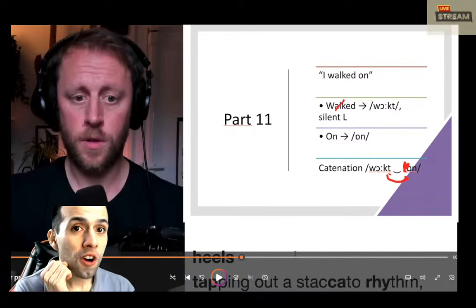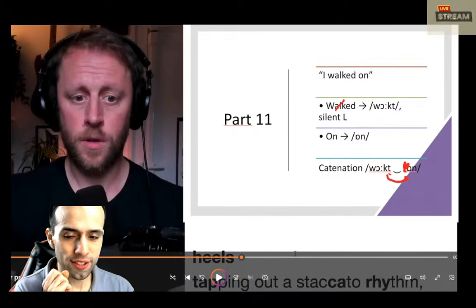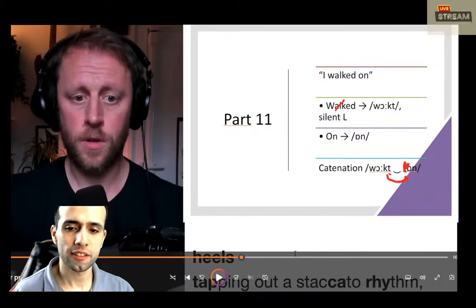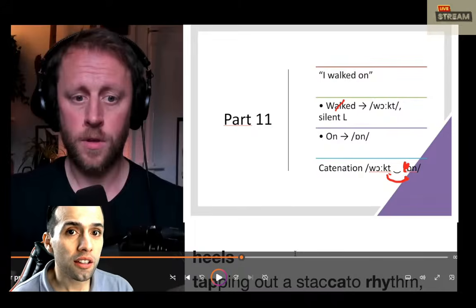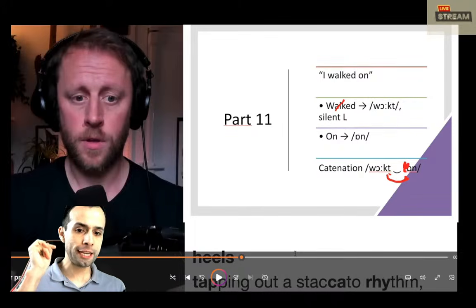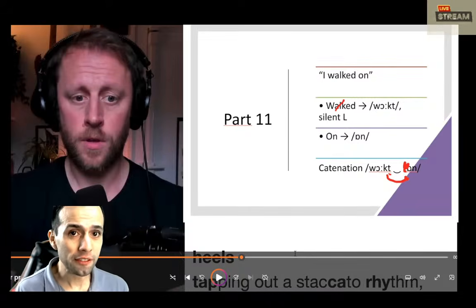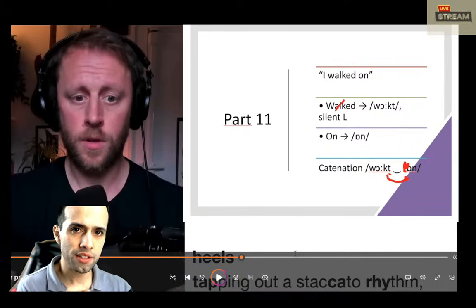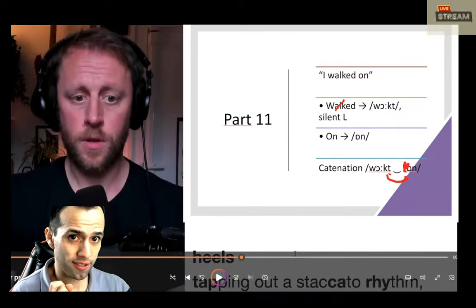There you have it. No L, right? But in the past simple of this verb in British English, walked, the ed is pronounced as t. And in American English it's walked again.